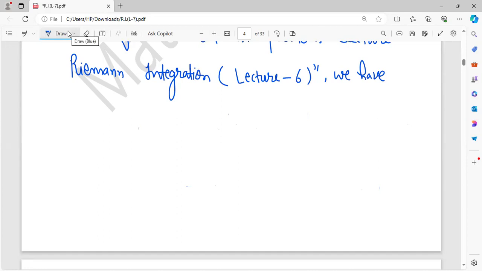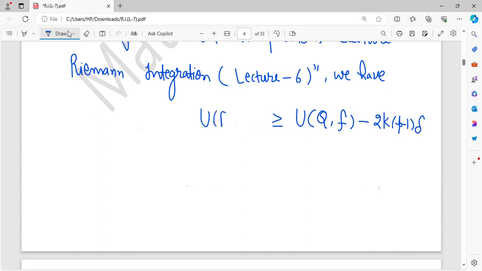We have U(Q, f) minus 2k(p minus 1) delta, that is greater than U(P star, f), by the previous result in lecture 6.